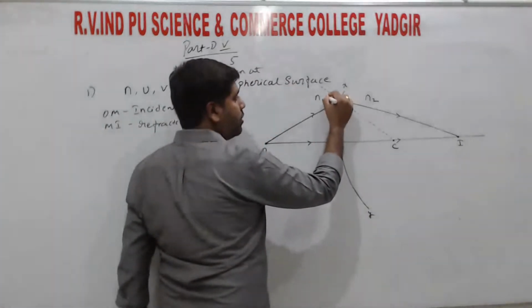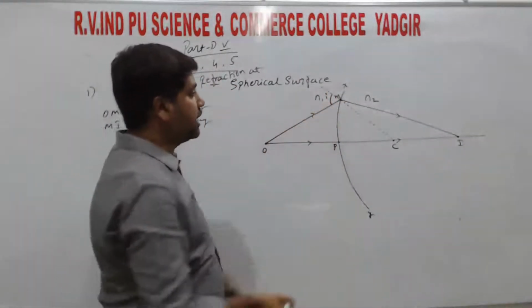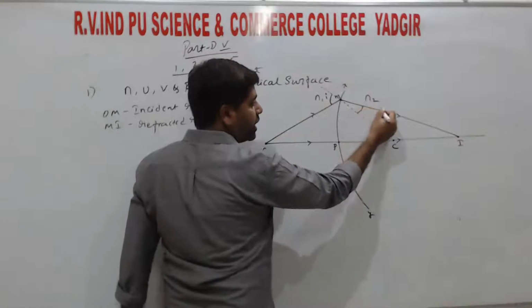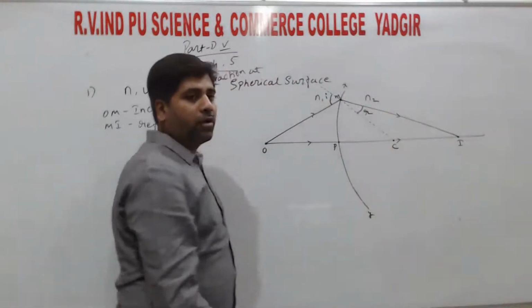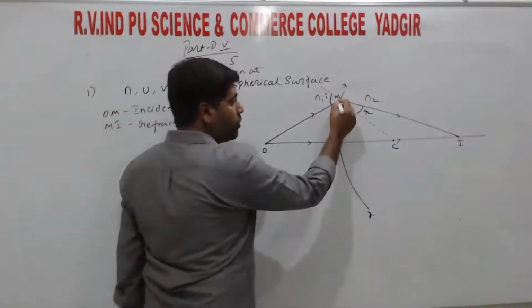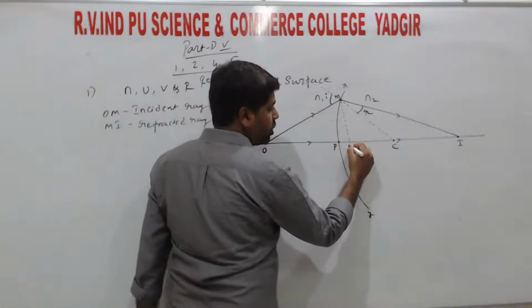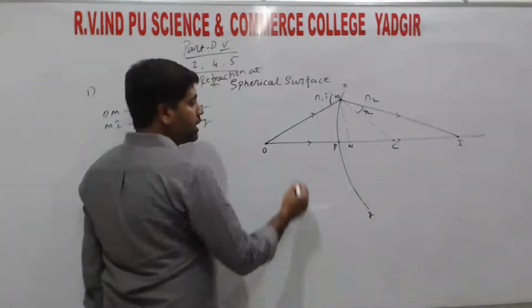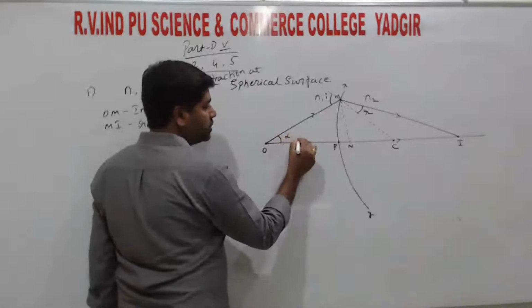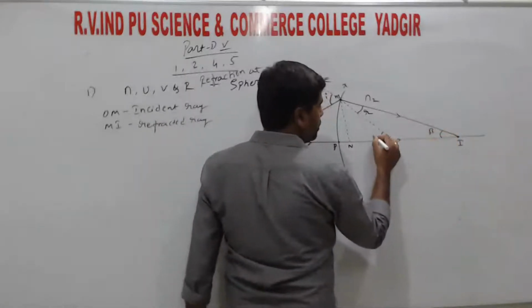Here the angle between the incident ray and the normal we call the angle of incidence, and the angle between the refracted ray and the normal we call the angle of refraction. From the point M, draw one perpendicular onto the principal axis, and call that N. Now take the angles alpha, beta and gamma.